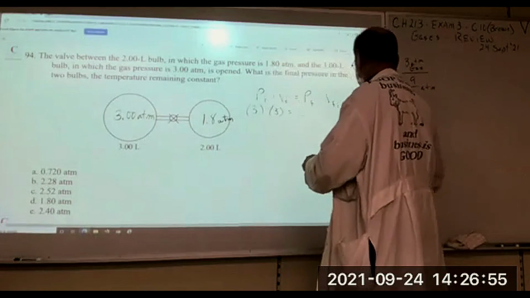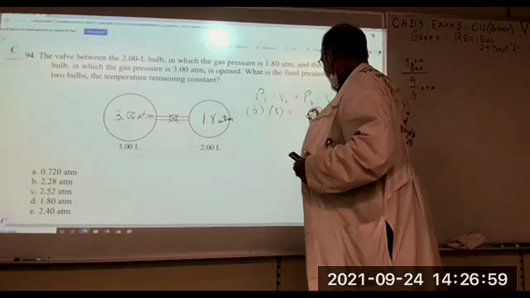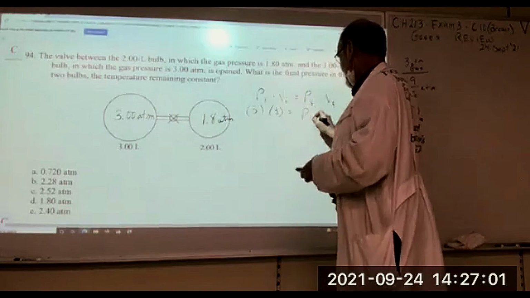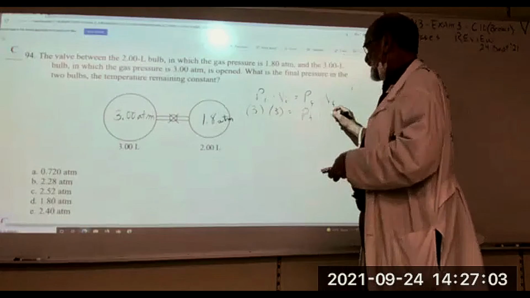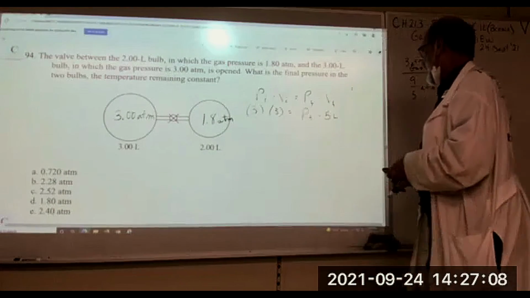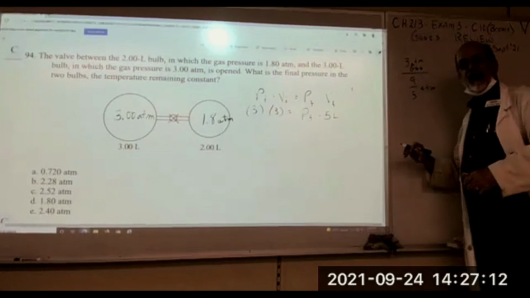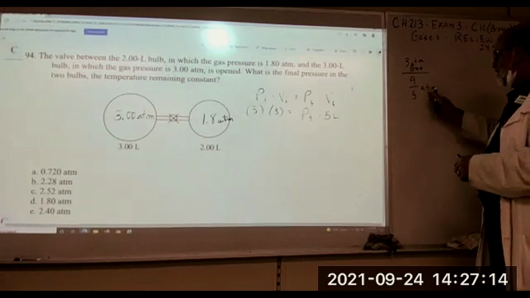I did that wrong, didn't I? That's why you had a frown on your face. Well, better I say, but yes, that's what it was. So the final volume is 5 liters. There we go. So now, it's still 9 divided by 5. Okay, and this is atmospheres.